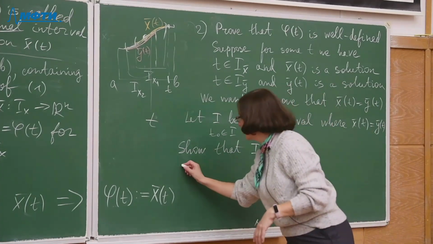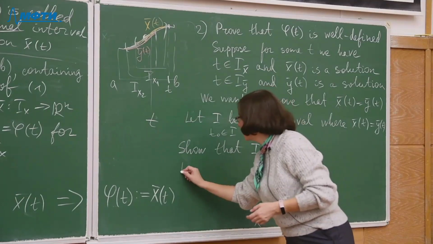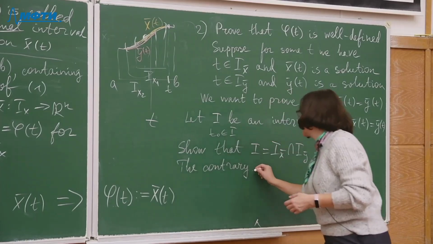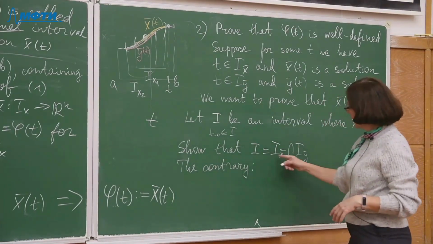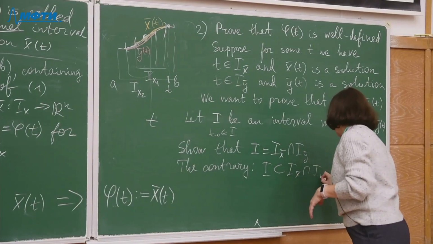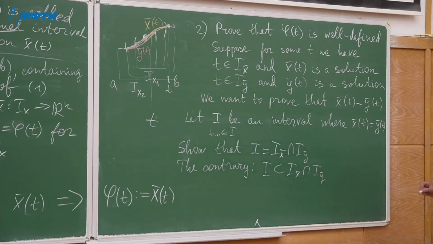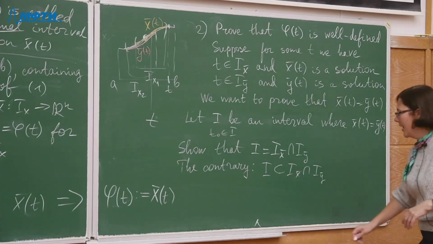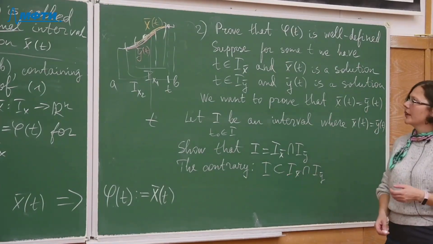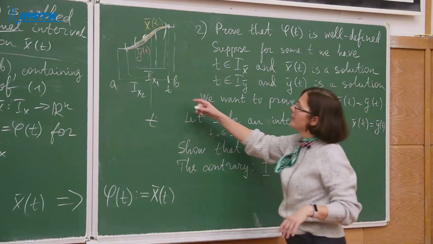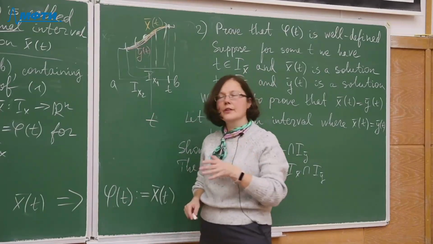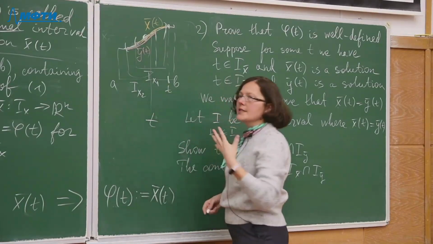Okay, suppose not. Assume the contrary. This is not the case, so I is a subset, and consider, so I is an interval, some interval, it arises from the existence and uniqueness theorem. So this is the interval from the Picard-Lindelof theorem, the interval on which the solution is unique.